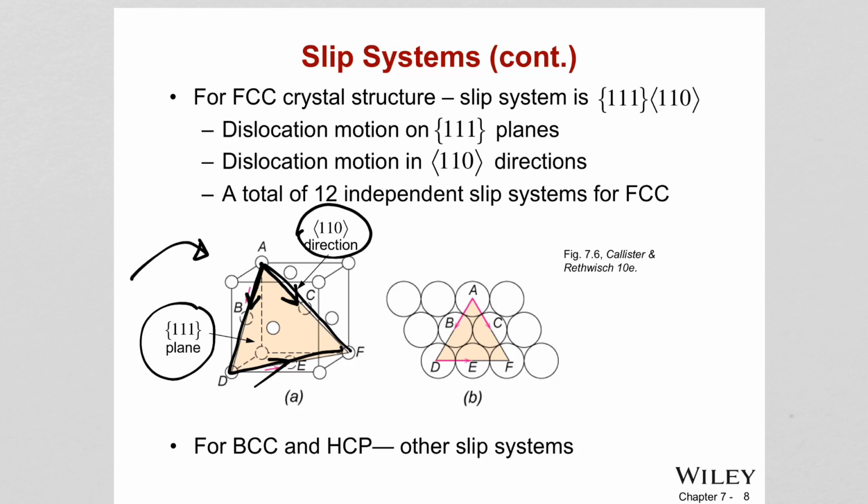Okay. So each unit cell contains 4 of these 111 planes, right? You can draw another one right there. Then here, right?